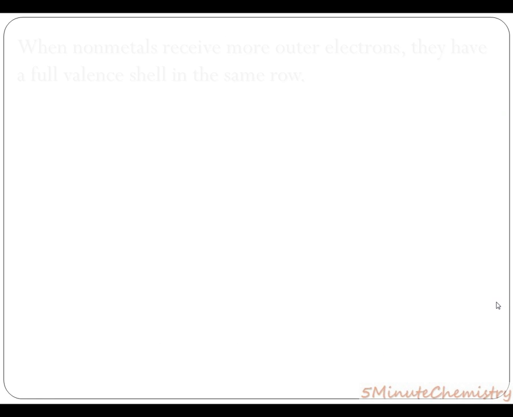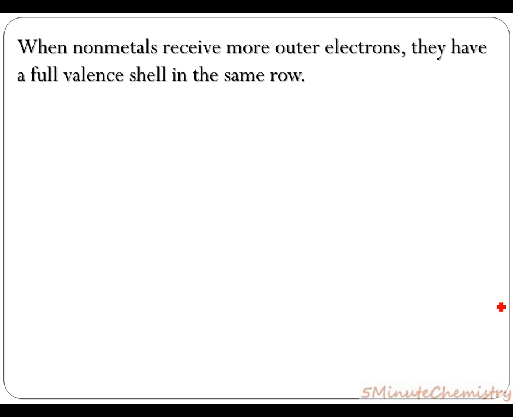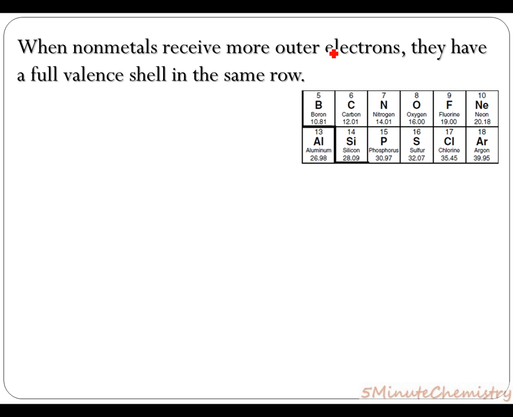Now a similar thing happens with nonmetals. Nonmetals will receive more outer electrons, and that way they can get a full valence shell in the same row. So if I'm thinking of chlorine, for instance, recall chlorine has that filled first shell. The second shell is filled, which we see here.